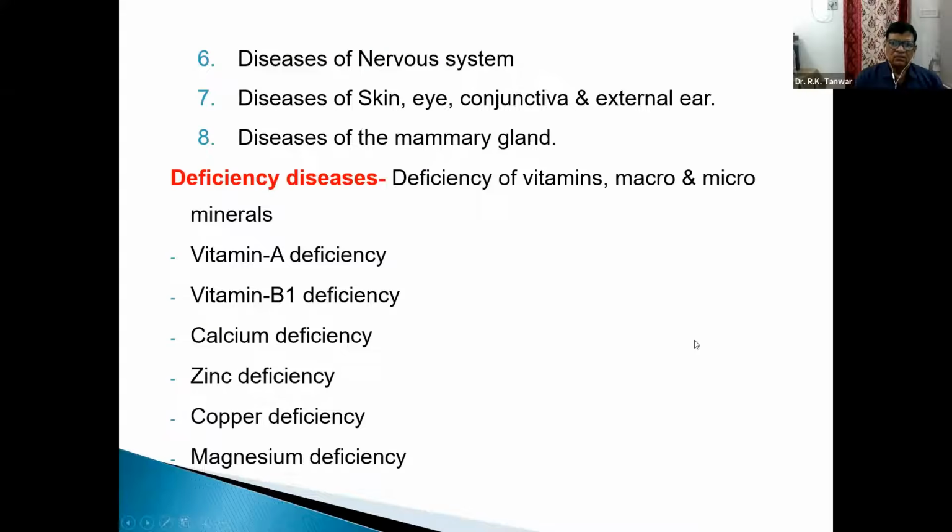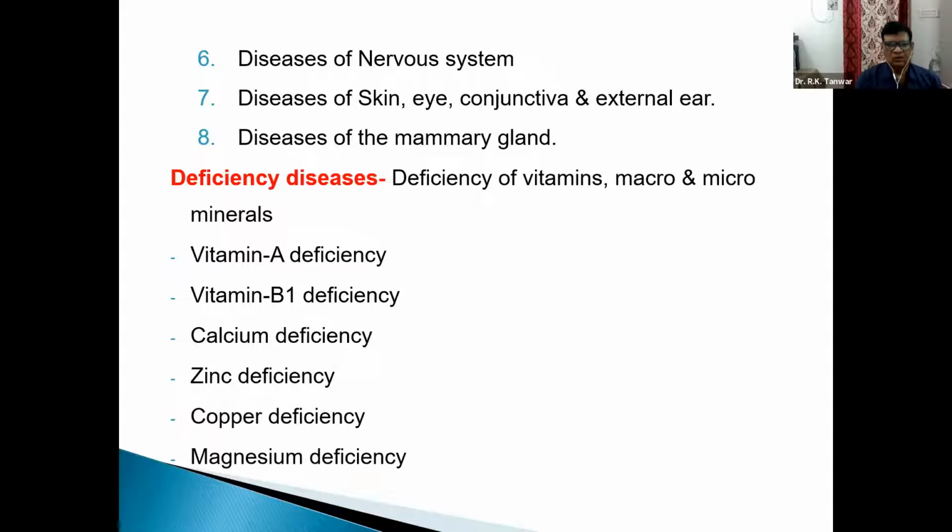Diseases of the nervous system we see many times: meningitis, encephalitis, nervous signs in animals, particularly in sheep and goats also, as in other animals. Then we have seen diseases of the skin, eye, conjunctiva, external ear, and diseases of the mammary glands.